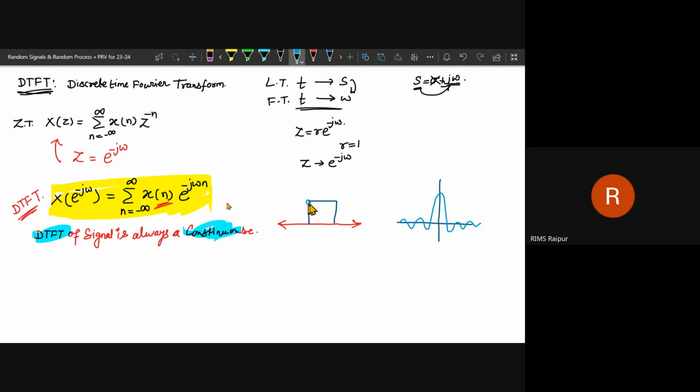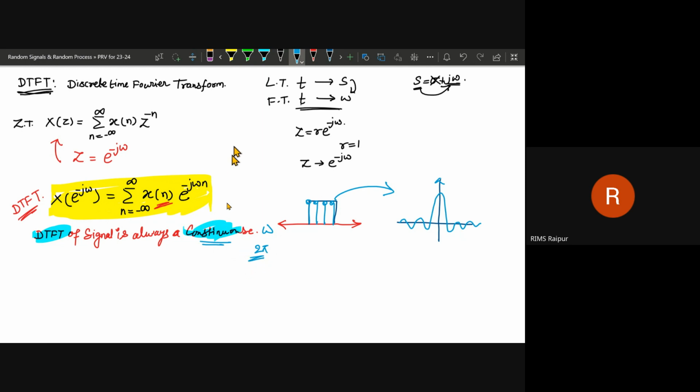So if we discretize this gate function, then also we will get this continuous function in the frequency domain. Correct. So this is the first property, that the DTFT of a signal is always a continuous function of omega. Next, it is also periodic with period of 2 pi. These are some of the most important properties.